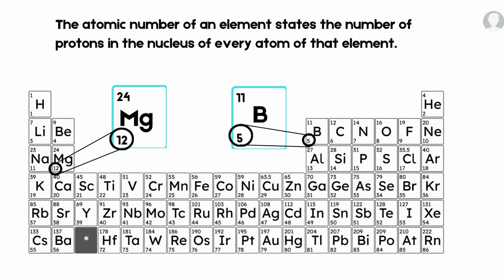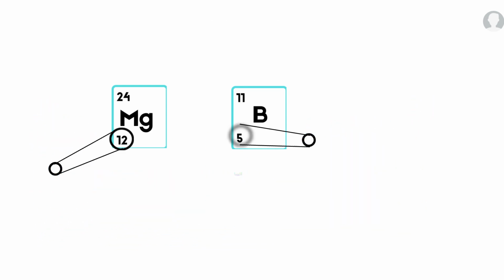So there we have two elements. Do you know what those symbols' names are? Magnesium and boron. If you got that, you're correct. Okay, so the atomic number of an element states the number of protons in the nucleus of every atom of that element.